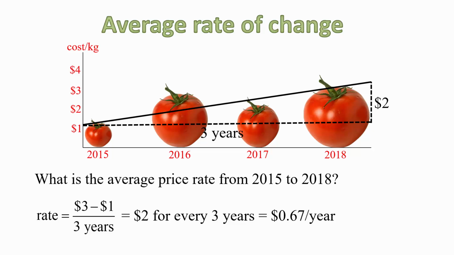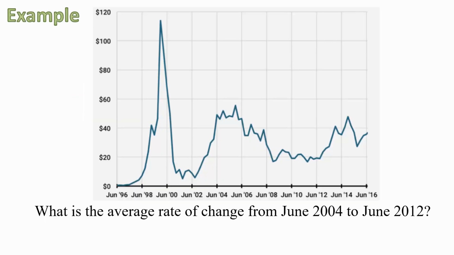And as a final example, here's a graph. Let's suppose it's the share price of some commodity over the period June 1996 to June 2016. How can we work out the average rate of change from June 2004 to June 2012? We draw a right angle triangle as before. Rise over run.